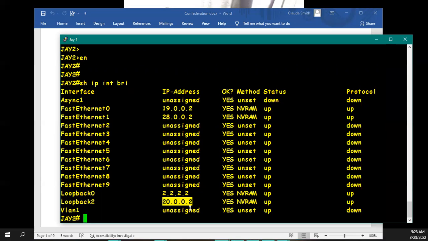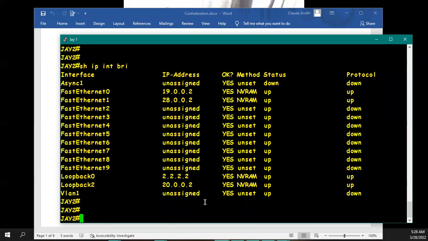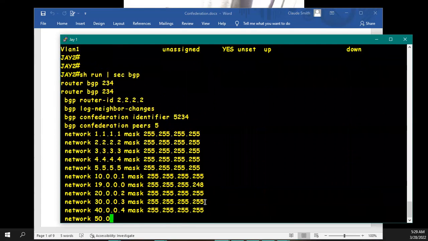So this is some internal resource for this confederation itself. So we want to take a look at how this is put together. Let's do a show run section BGP. Let's take a look at what we've got under the hood here.